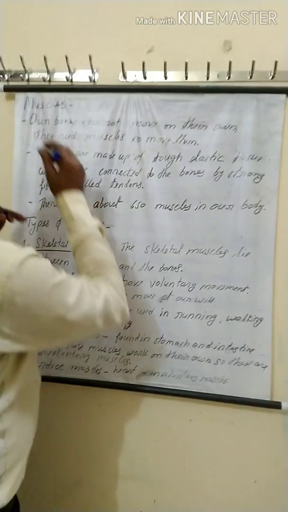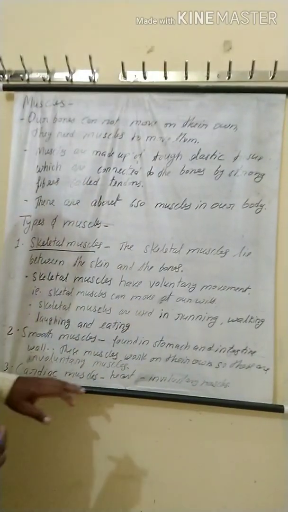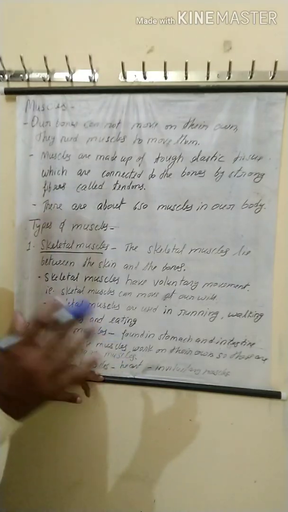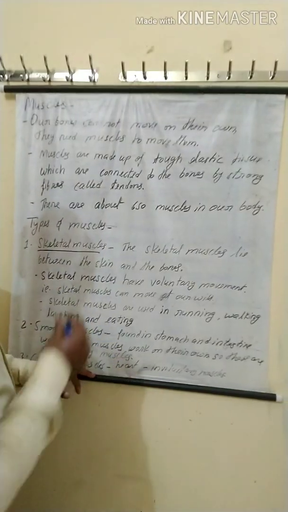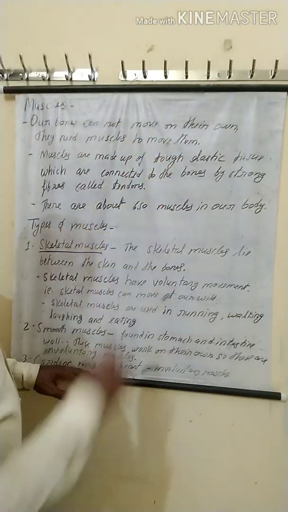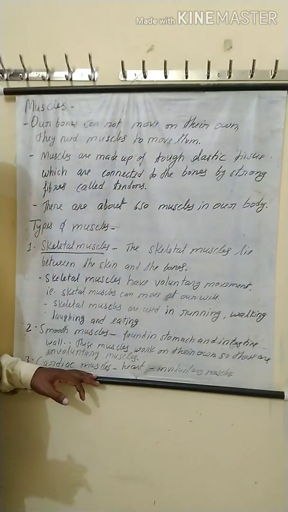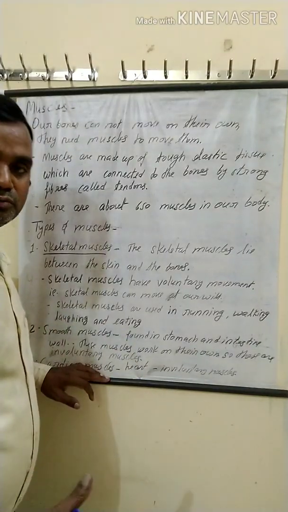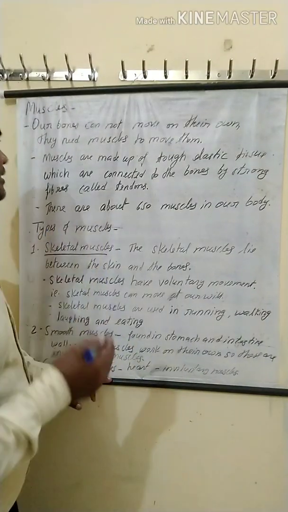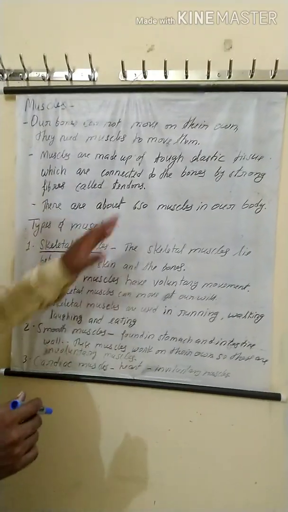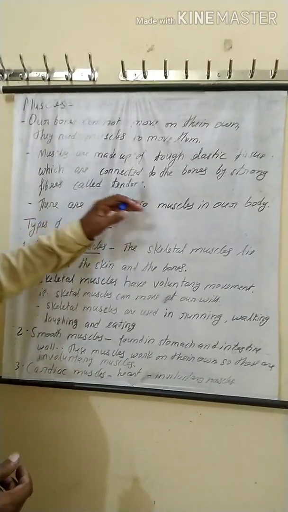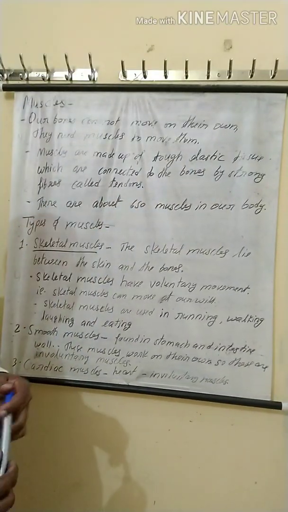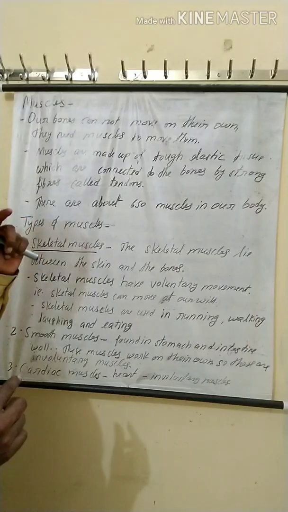Next topic is muscles. For movement, our bones cannot move on their own. They need muscles to move them. With the help of muscles, bones can move; without muscles, they cannot.